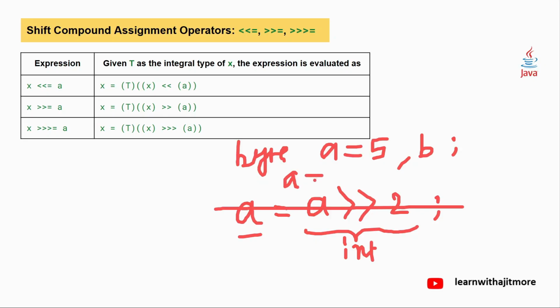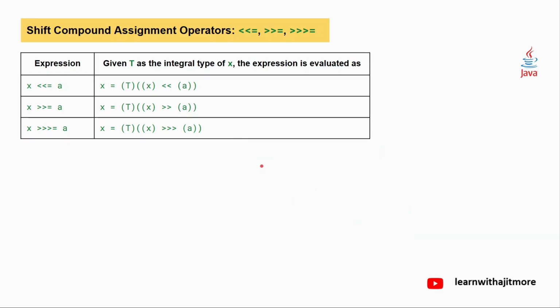A, shift equal, A right shift equal 2, where A is already having 5. Now, will it give an error or will it internally cast it to A's type?